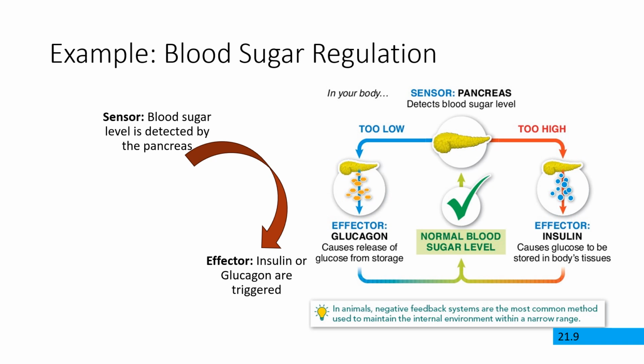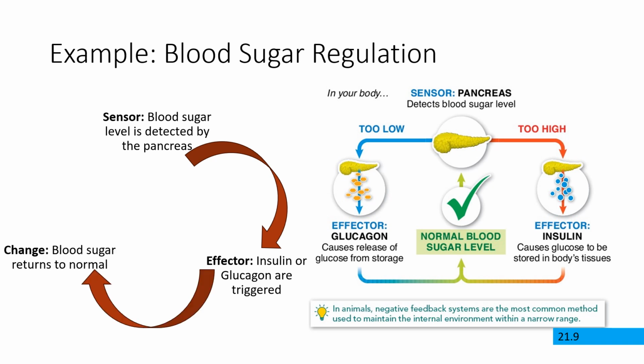If blood sugar is too low, the pancreas instead triggers release of a different effector, glucagon, which increases the blood sugar. These effectors cause a change, hopefully bringing our blood sugar back into the normal range. And the pancreas is ready to detect when blood sugar fluctuates again so it can respond and help us maintain homeostasis.